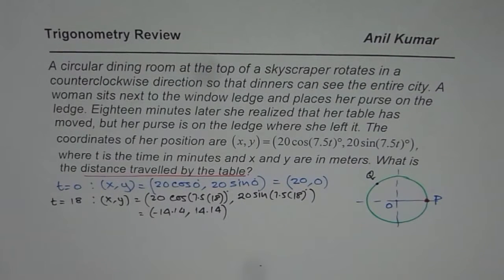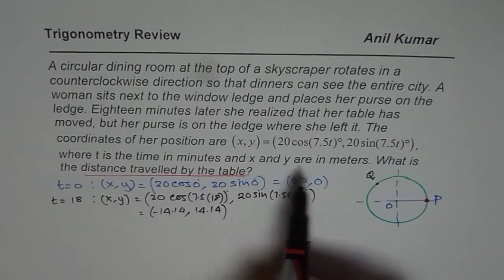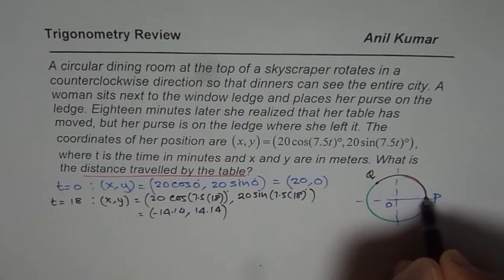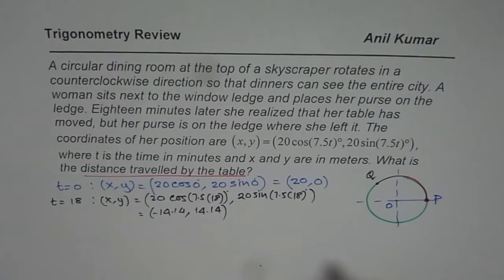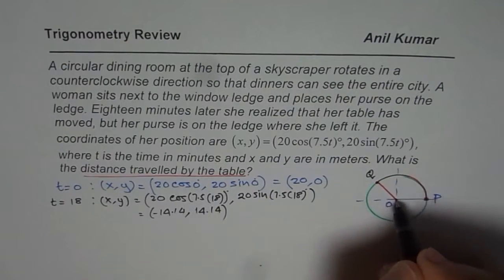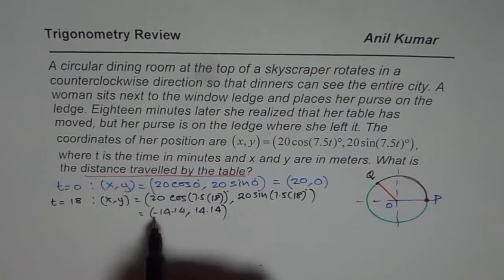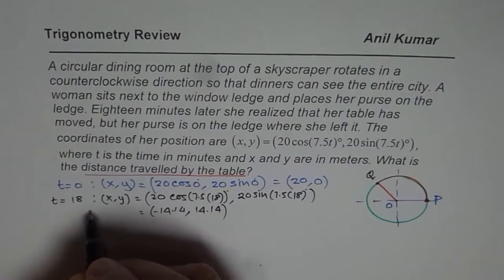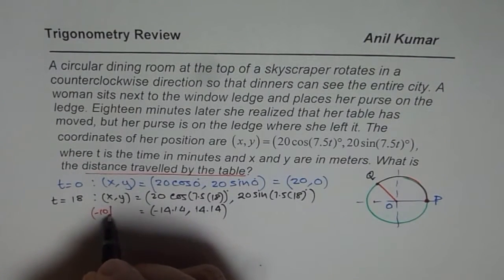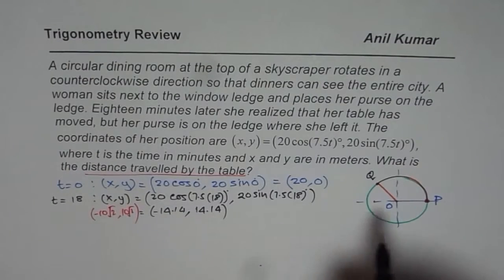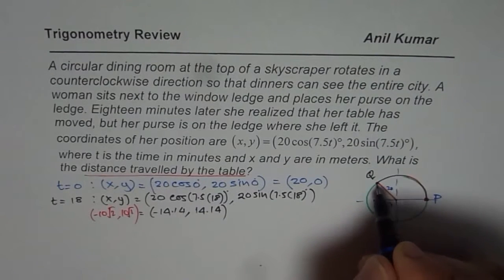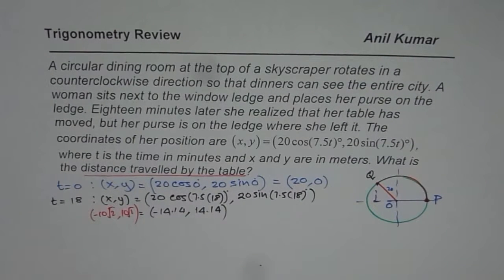Now the question is, what is the distance traveled by the table? So we are trying to find the circular arc distance between P and Q. That is what we are trying to find. Now this point Q is at minus 14.14 and plus 14.14, or minus 10√2 and 10√2, which gives you a clear idea. The radius here is 20. Anyway, with these points, you know the location.